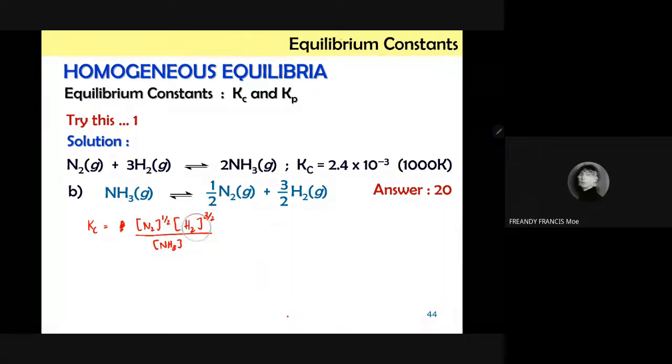Okay. So, ini adalah nisbah dia. Jadi kalau kita tengok nisbah antara ini dengan yang atas, semua ini dibahagikan dengan 2. Bermaksud sama dengan N2, H2 to the power of 3 divided by NH3 to the power of 2.